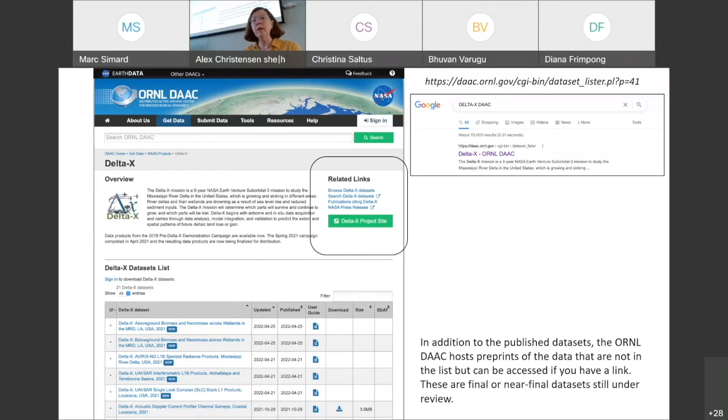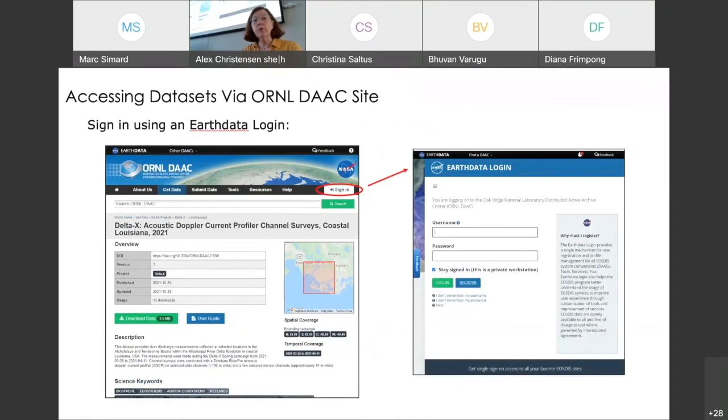So in order to access these data sets, you need to have an Earth Data login. That's also a NASA site for accessing a lot of different data sets, not just from NASA, but from other centers that have allowed their data to be hosted through the NASA archives. It's very easy to do.